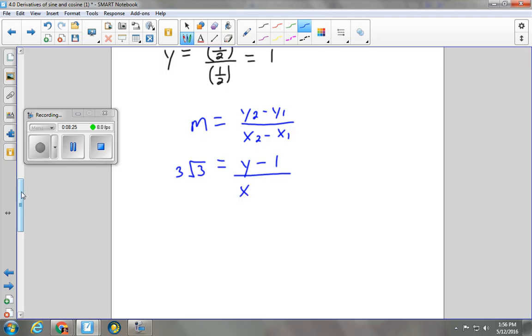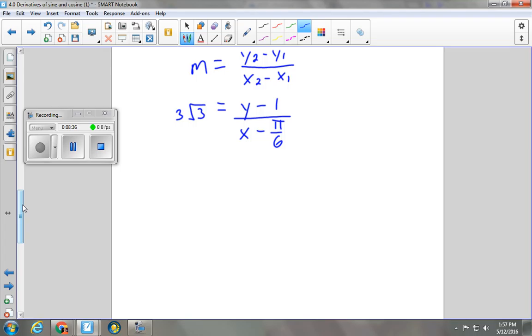We know the x was pi over 6. And we just need to rearrange that into a formula now. So we can bring the bottom term up to this side. So we'd have 3 root 3 times x minus pi over 6 is equal to y minus 1.